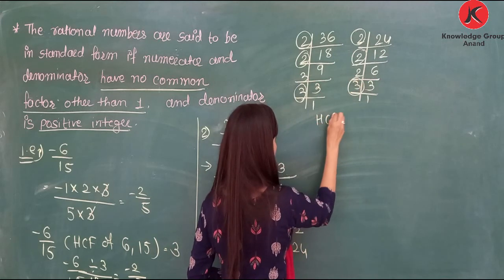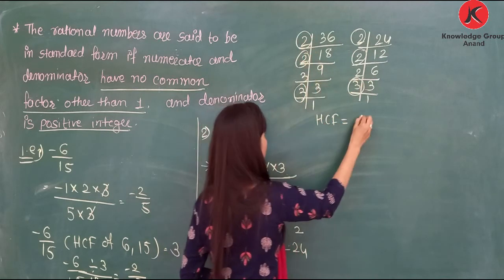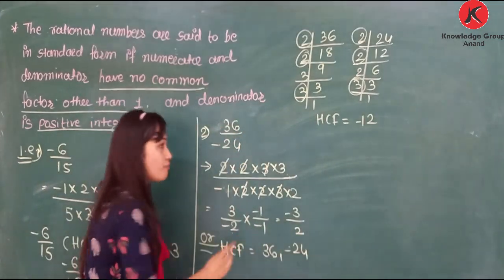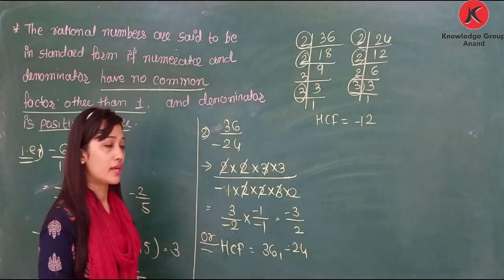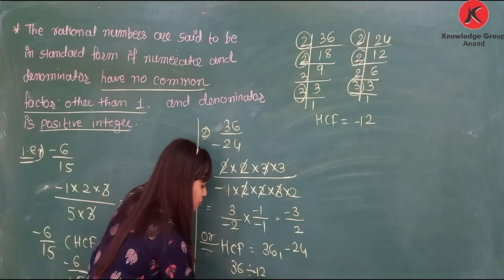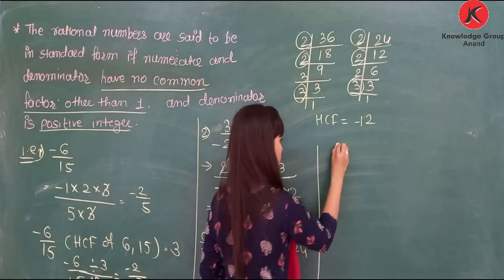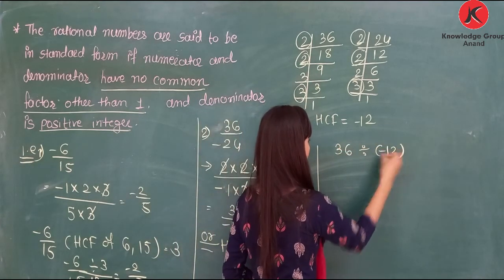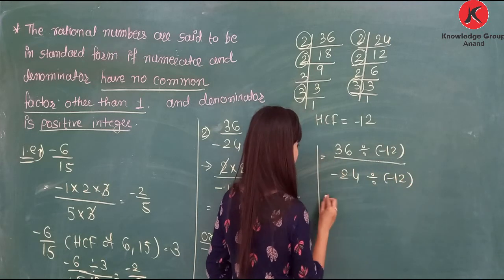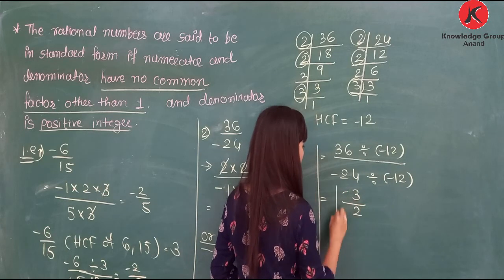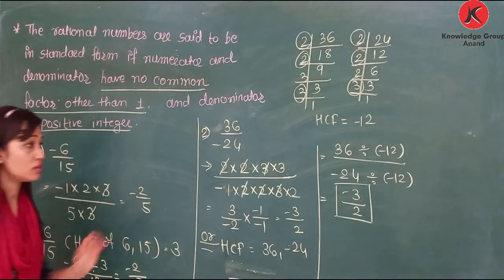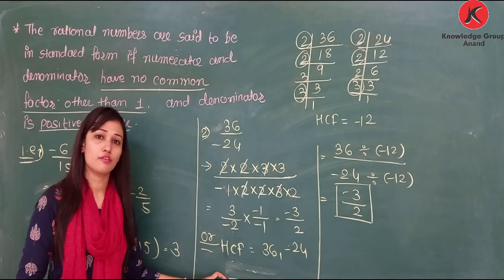So the HCF you can consider as minus 12, because here it is minus 24. Divide both numerator and denominator by the HCF, minus 12. So 36 divided by minus 12 and minus 24 divided by minus 12. We get minus 3 by 2. So this is the standard form of 36 by minus 24. In the exam you can apply any method. You can factorize or you can find the HCF of both numbers.